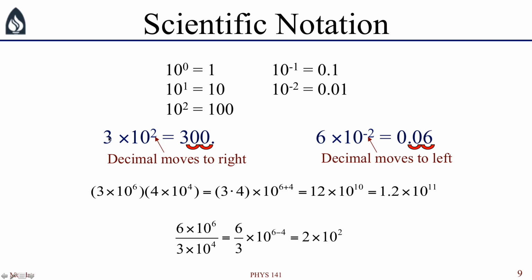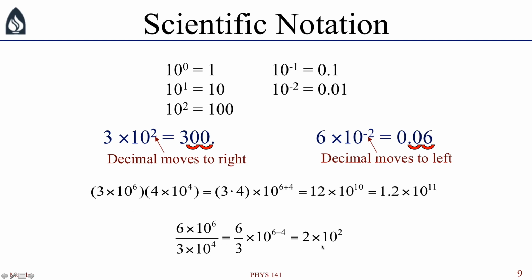So, for example, if you have this large number, if the exponent is 2, that means the decimal point needs to move 2 places to the right if you were to write this number without scientific notation. On the other hand, if you have a negative exponent, that denotes a small number and means that the decimal point needs to move 2 spaces to the left.